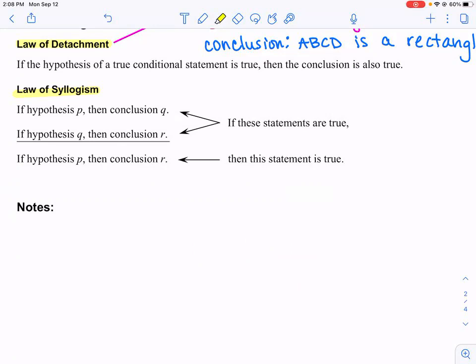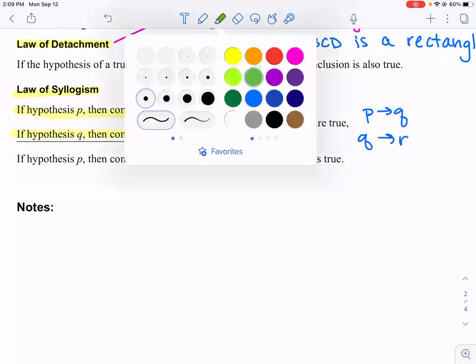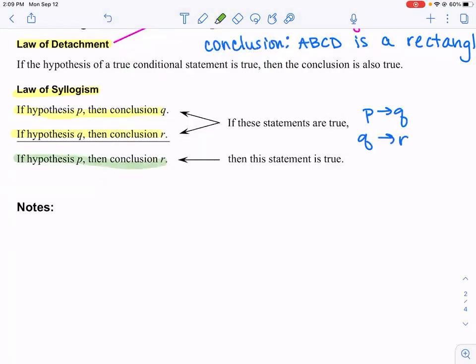Now, here we go. We have if P, then Q. If Q, then R. Then we can say hypothesis P implies conclusion R. Implies.